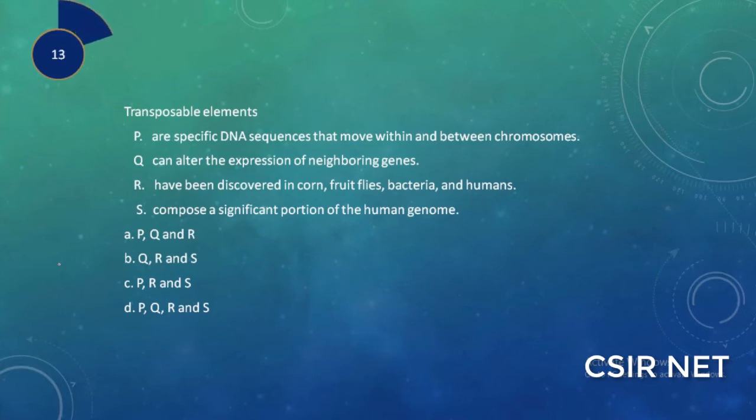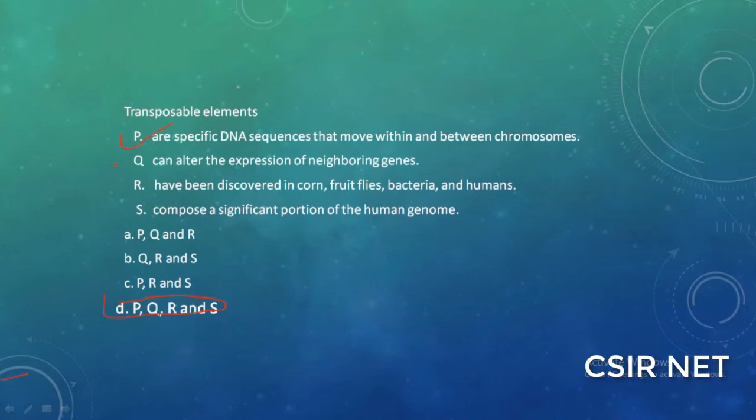Transposable elements are also known as jumping genes. These are the parts of genes which get excised from one place and get placed into another place. Your time is up. The answer is PQRS. PQRS means all of the above. So answer P is also correct.